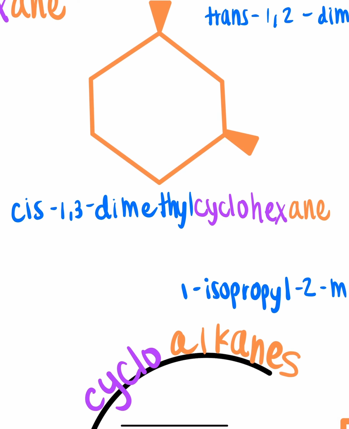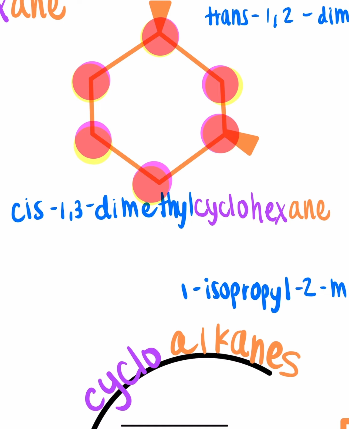Before we even get into everything, you already know that the ring is a cyclohexane: 1, 2, 3, 4, 5, 6. Or you could do, I'm going to do in yellow, 1, 2, 3, 4, 5, 6. In this case, it doesn't matter whether you're doing the pink or the orange, because these two substituents are both CH3s.